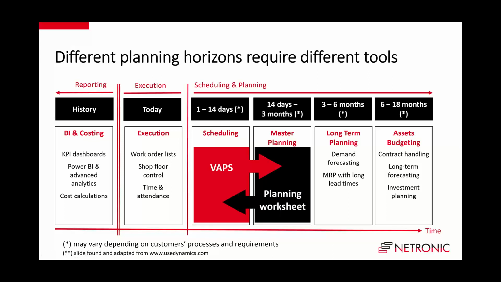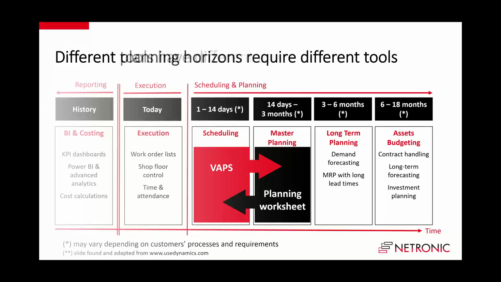And likewise, we also started to make the planning worksheet aware that there is the VAPS, so that other than in the previous picture, they are no longer separated boxes, but we have an integration and a closer working together between the finite capacity scheduling with the VAPS and the MRP planning with the planning worksheet.